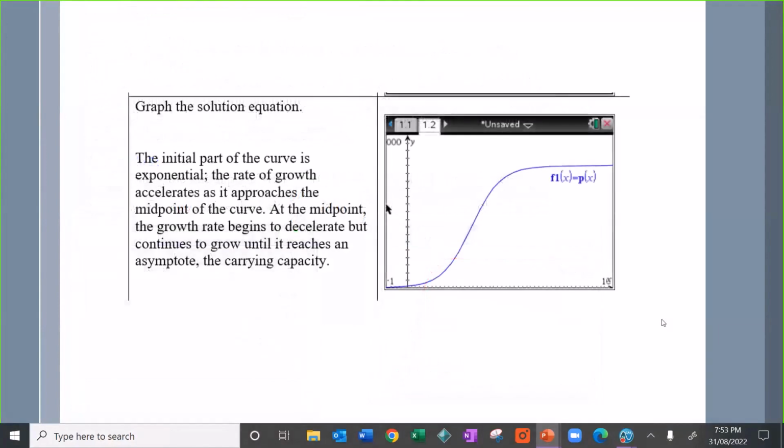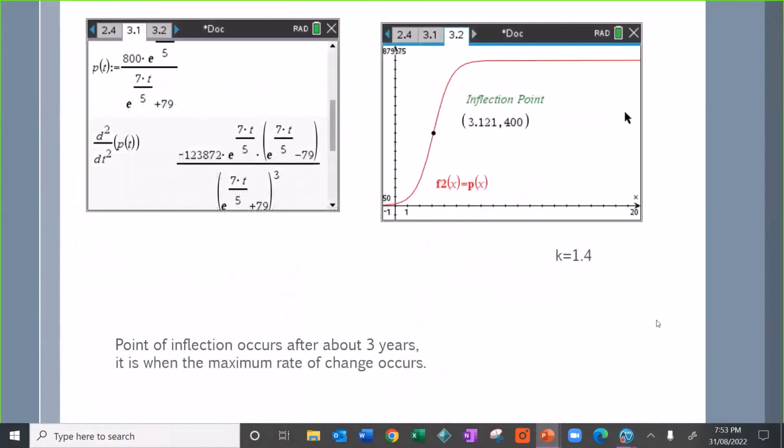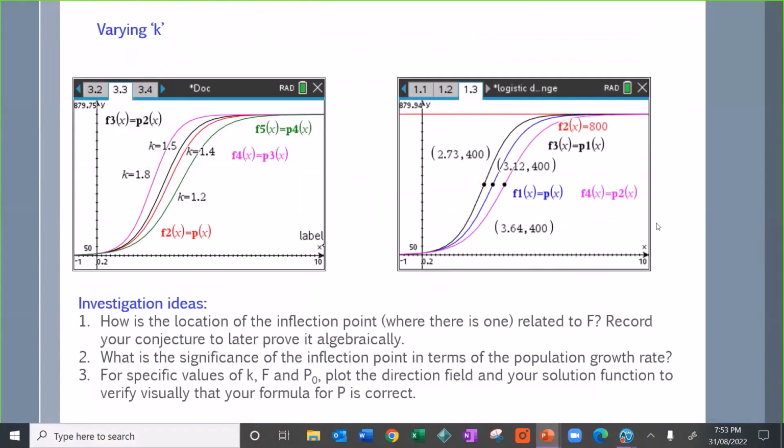Similarly, we can repeat all that by varying our F values. So here we varied K values, looking at various curves and the point of inflection. So investigation ideas are how is the location of the inflection point, if there is one, related to the carrying capacity, record your conjecture to later prove it algebraically.